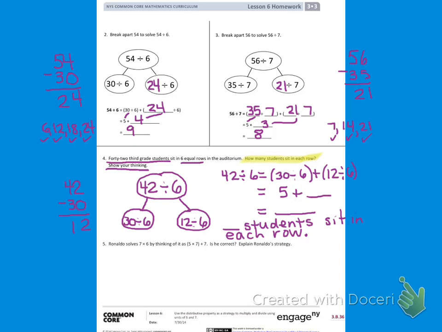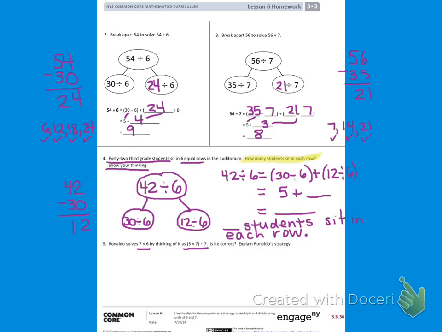So, if the problem is 7 times 6, would that be the same as 5 times 7 plus another 7? I want you to go ahead and think about that, remembering that the commutative property of multiplication says you could take the two factors and change the order of them to get the same answer.